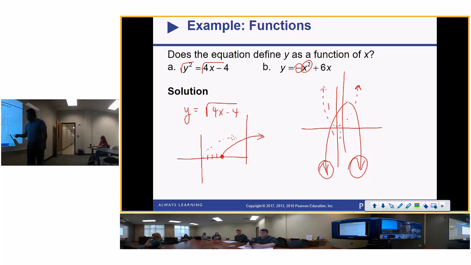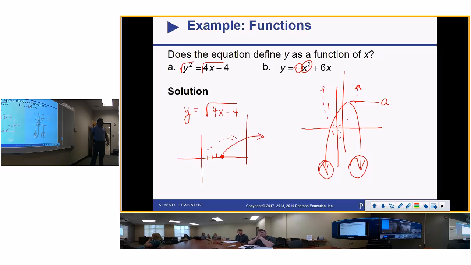So negative infinity to positive infinity, and range is from negative infinity to whatever that is, I'll just say A, because it looks like about a 6 or something. But that question is basically asking, is it a function, yes or no? And both of them would be what? Yes. Good job.